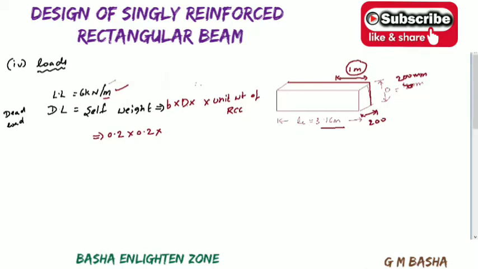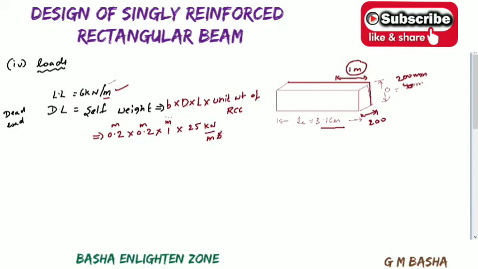So B and D are already taken, and in terms of length I am considering just a 1 meter span. So this is in meter, this is in meter, and this is also in meter. And what about the unit weight of RCC? The unit weight of RCC will be in kilonewton per meter cube, 25.